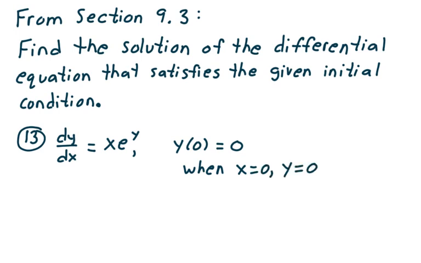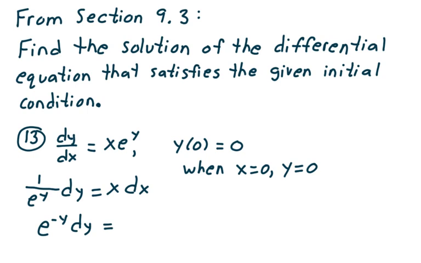Okay? Now, dy/dx equals x e to the y can be rewritten as follows. We can say 1 over e to the y dy is the same as x dx. And so e to the negative y dy is the same as x dx.